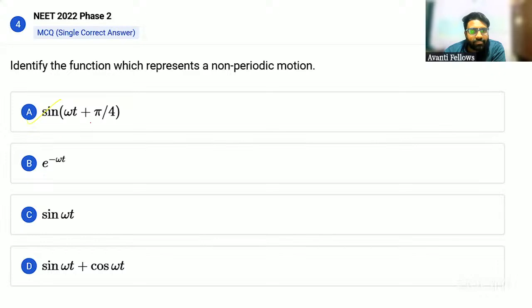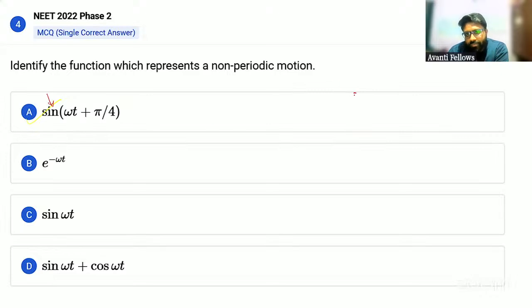Sin omega t plus pi by 4 क्या है? This is a periodic function क्योंकि this is a sinusoidal function. तो जैसे ही मैं कोई भी वैल्यू पुट करूंगा आफ्टर अ सर्टेन फिक्स पीरियड, it will start repeating its value, because sine जो फंक्शन होता है ट्रिग्नोमेट्री, that is a kind of periodic function in itself, like this.